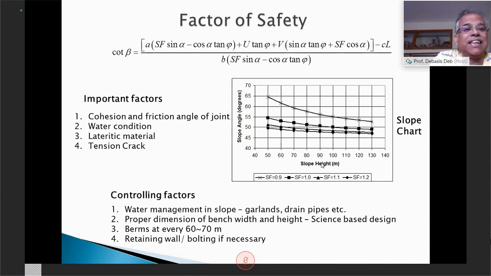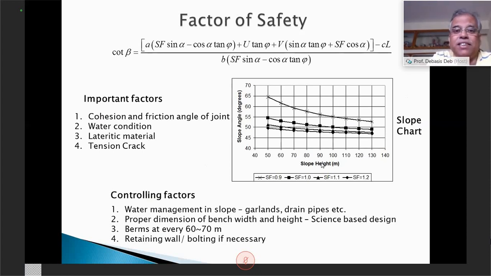Okay. Number 3 is lateritic material. I am mentioning this to you because if there is lateritic material inside the joint or inside the discontinuity plane, this creates huge cohesion, and that's good for us in a dry condition.